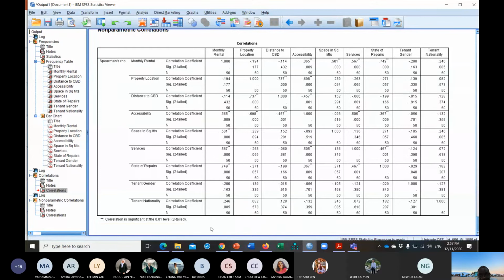Let's look at it from this table: correlation is significant at the 0.01 level, 2 tail. So what this is saying is that when p is less than 0.01, it is 2 tail. That is why you have 2 stars.